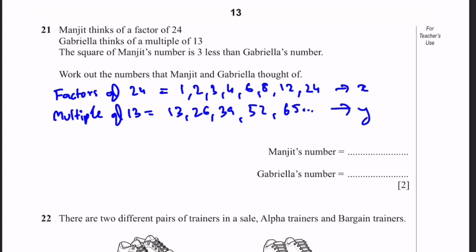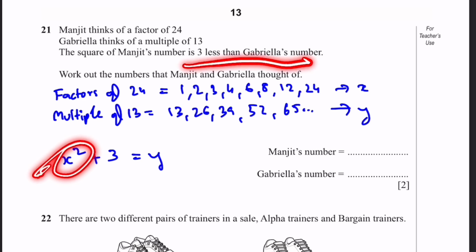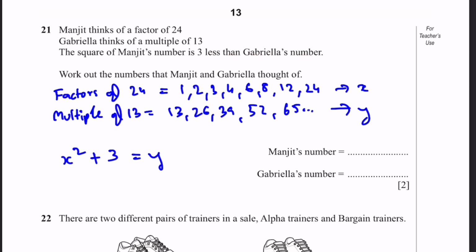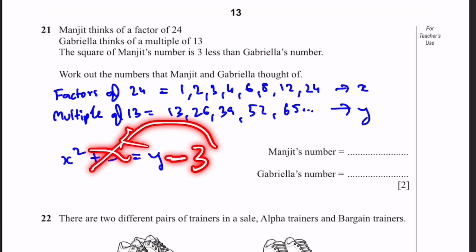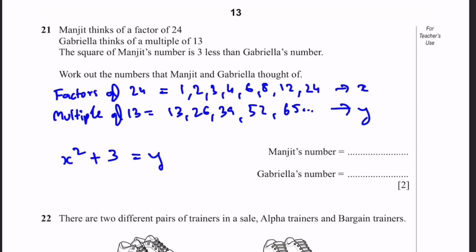So x is Manjit's number, and y is Gabriella's number. So x squared plus 3 equals y, because the square of Manjit's number is 3 less than Gabriella's. X squared is equal to y minus 3, and now we bring this to this side, and therefore x squared plus 3 is y.